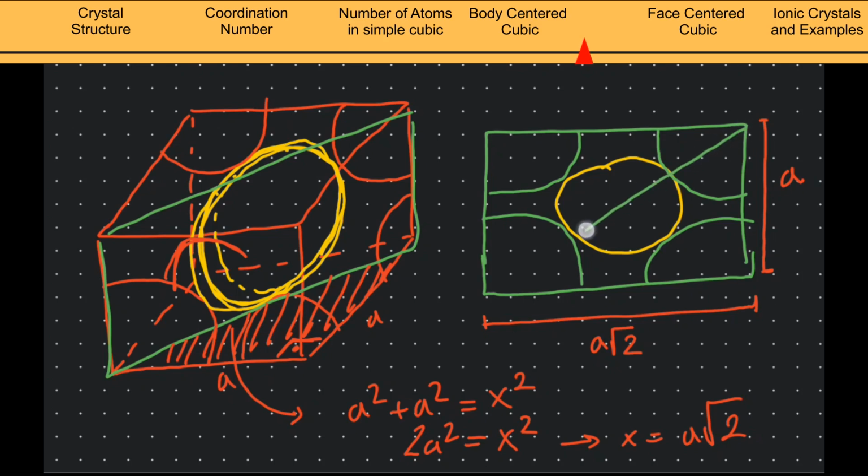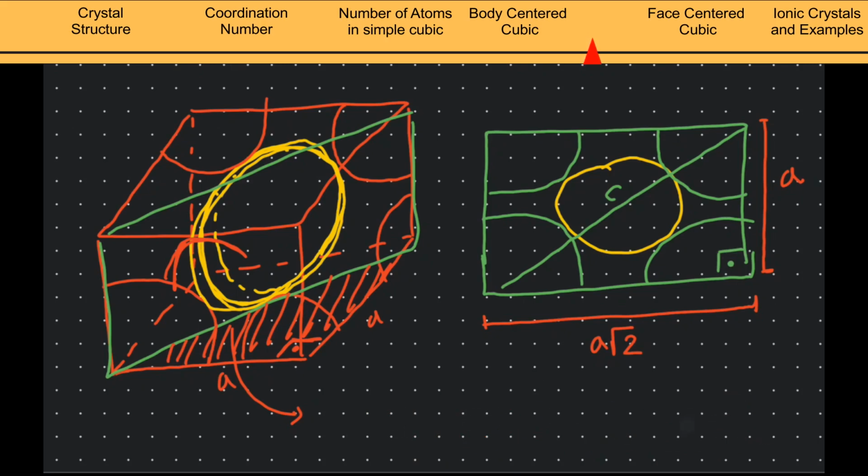And from here to here, I want to call it C. And we can make a Pythagoras theorem here. A squared plus 2A squared becomes C squared, and C becomes square root of 3 A. And this C is also equal to 4R.